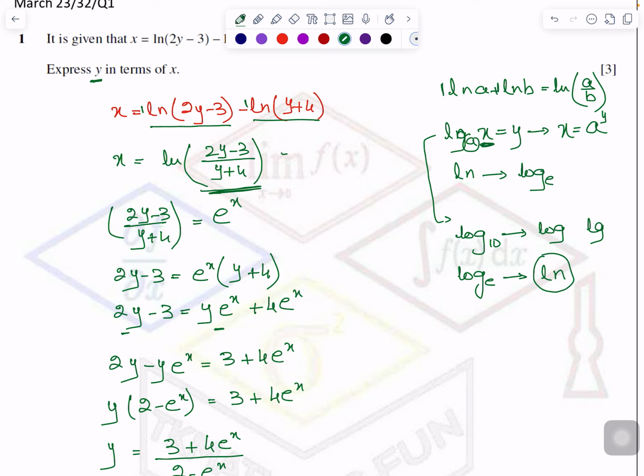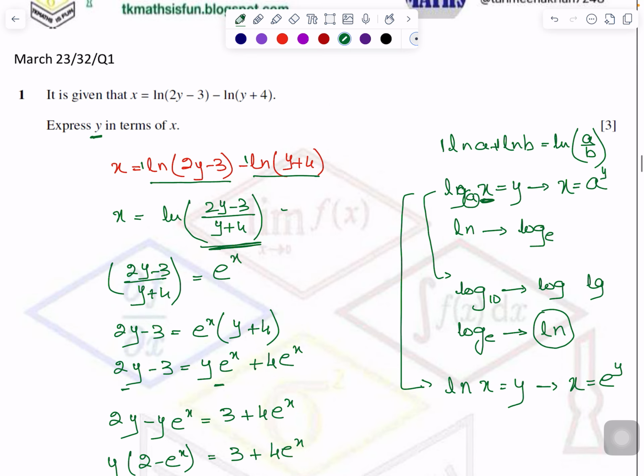In the example, I wrote earlier ln x = y. If I want to change it into index form, it will be x = e^y. The moment I saw it, I said, oh my god, I made this mistake. So a human being can also make mistakes. Agreed? And I am a human being.